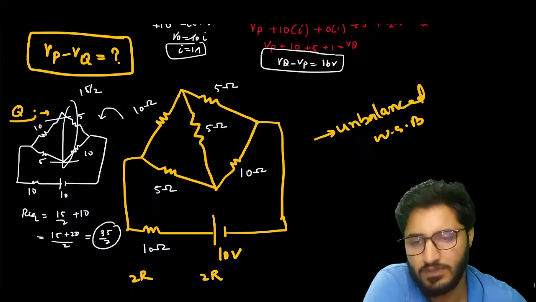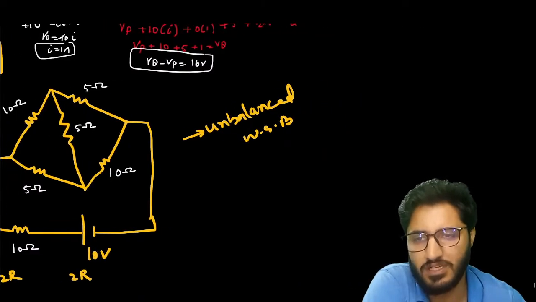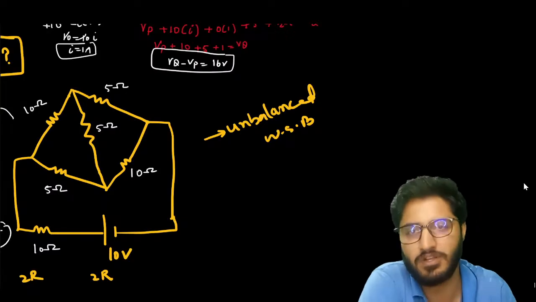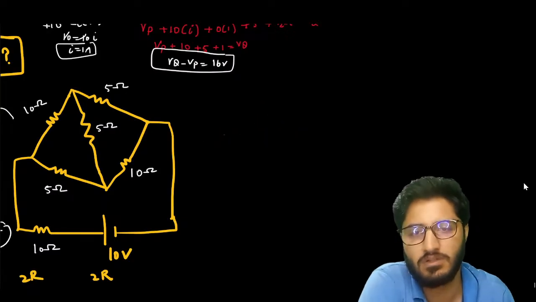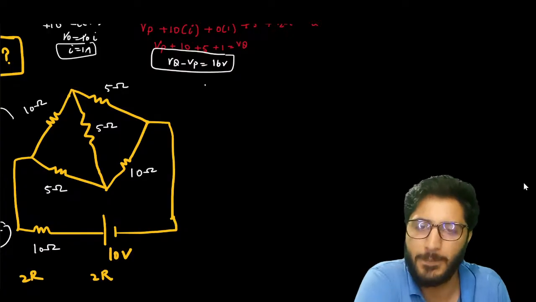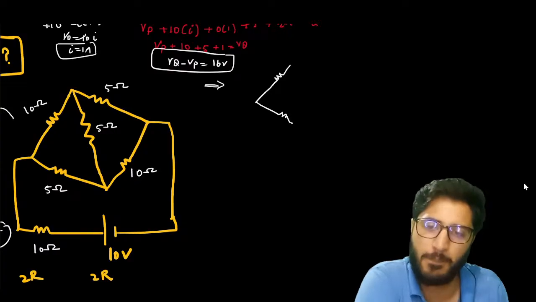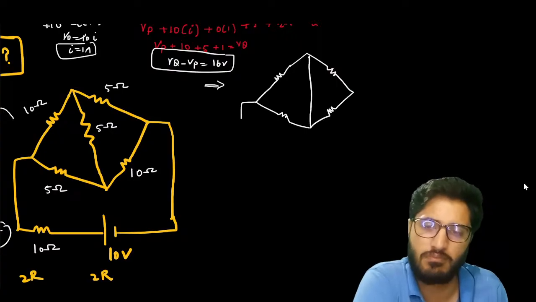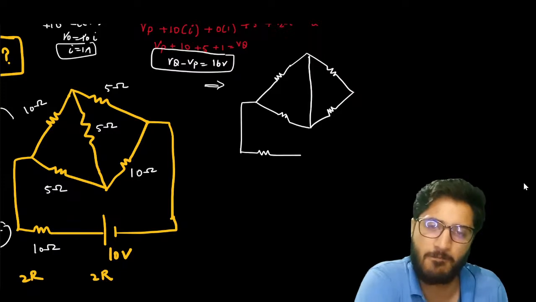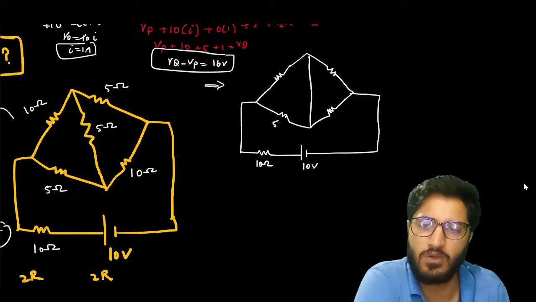Okay. Second one. These are tricks now that I have given in the last class. These are some tricks, right? Look, beta. Connect these two. 10 volt, 10 ohm, 5, 10, 5, 10, right?